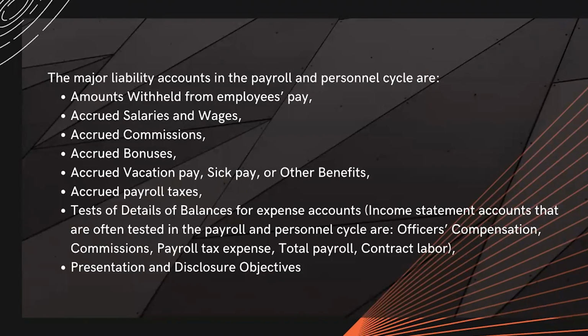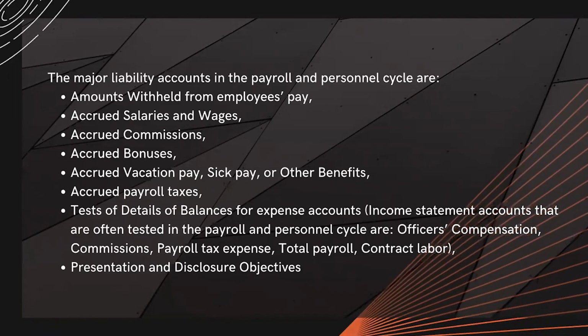Here we have the major liability accounts in the payroll and personnel cycle: amounts withheld from employees' pay, accrued salaries and wages, accrued commissions, accrued bonuses, accrued vacation pay, sick pay or other benefits, accrued payroll taxes, tests of details of balances for expense accounts, and finally presentation and disclosure objectives.